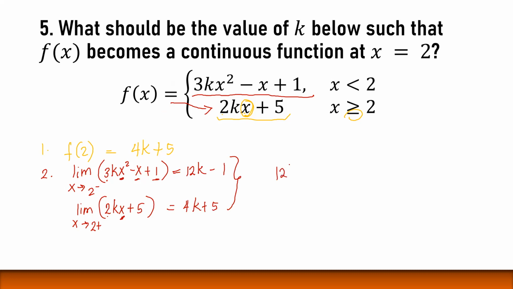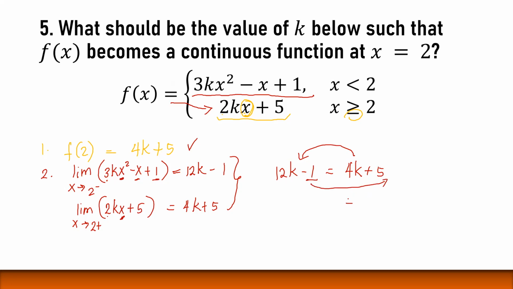So 12k minus 1 should be equal to 4k plus 5 for the limit to exist. Okay, nagkataon ito, nandito din yung 4k plus 5 kasi. So it's like solving a linear equation.